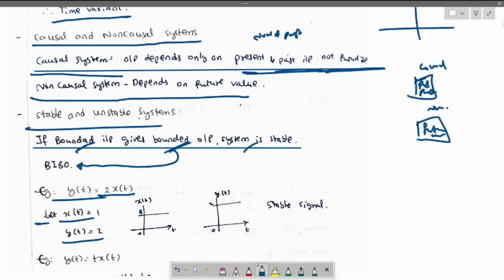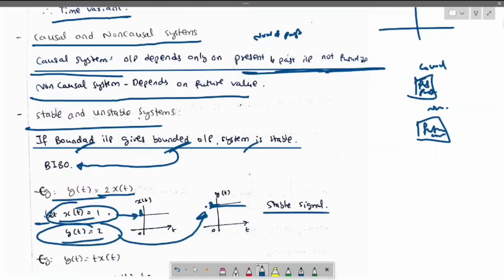See, for the graph, if we maintain x of t as 1, then y of t will be 2. For a bounded input, we are getting a bounded output. So that's why it is a stable system.